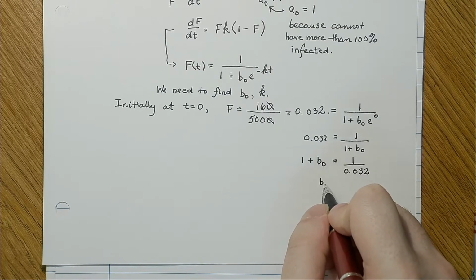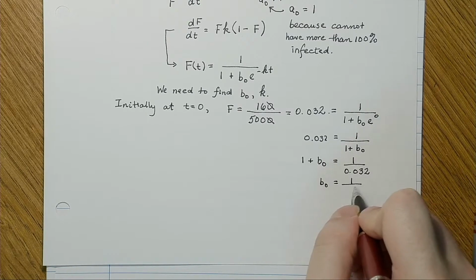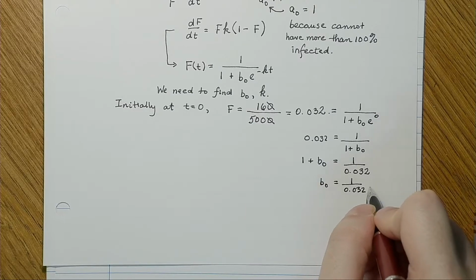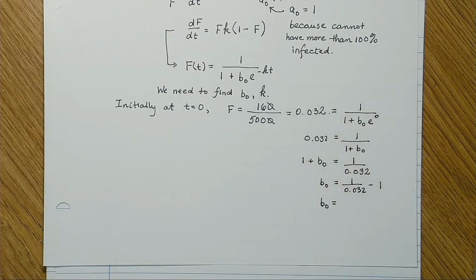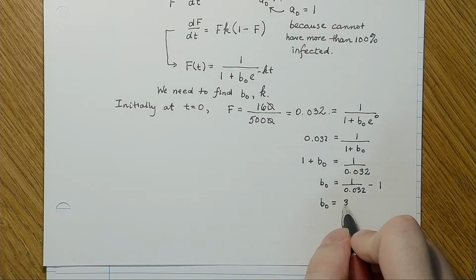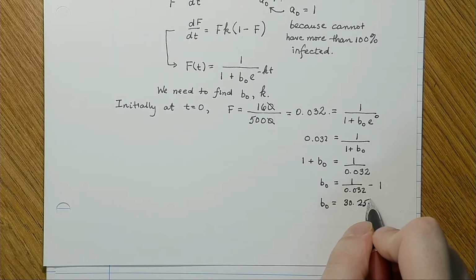And just solving for b naught, using our calculator, I got 30.25.